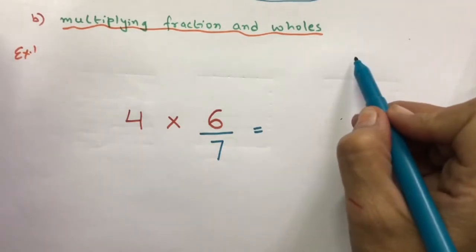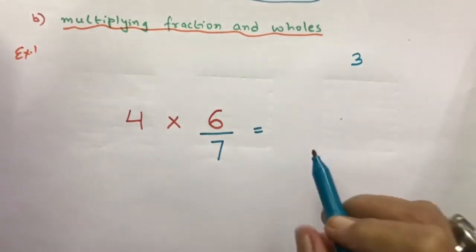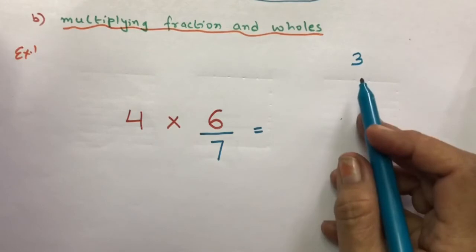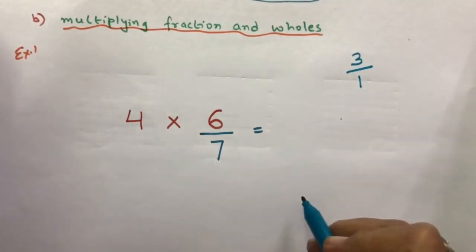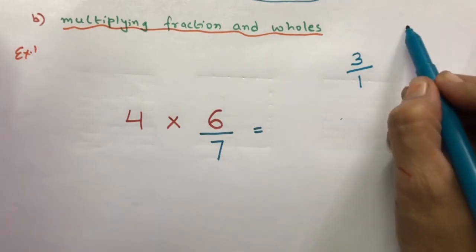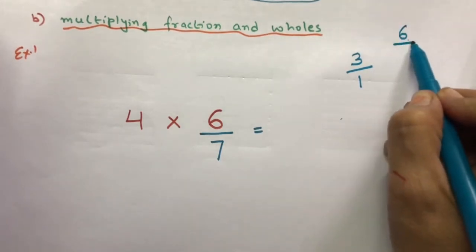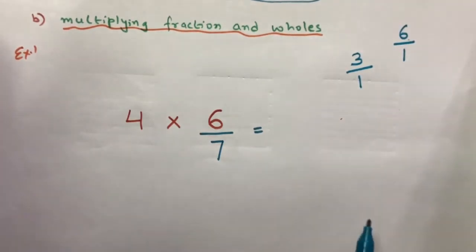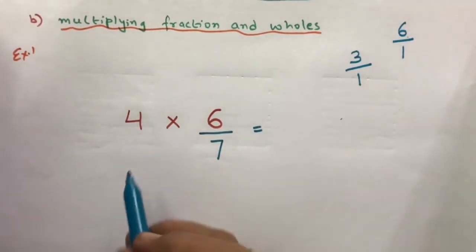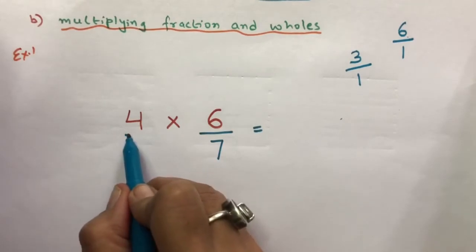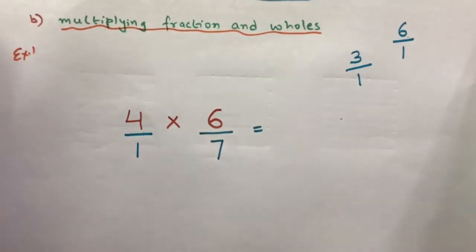Suppose we have a whole 3, how do I change it to a fraction? I just divide it by 1. If we have 6, we just divide it by 1. So it becomes a fraction now. So for this, I will change it to a fraction.